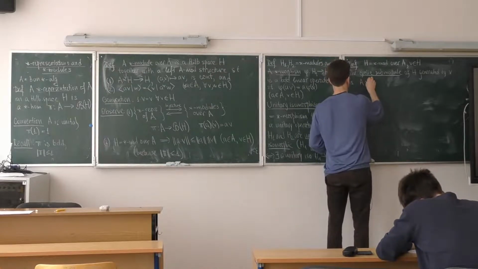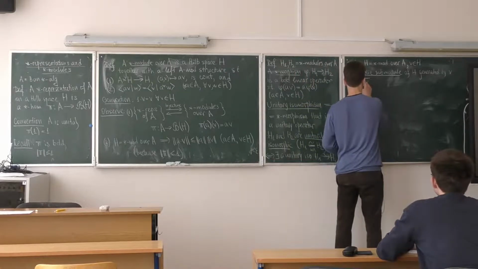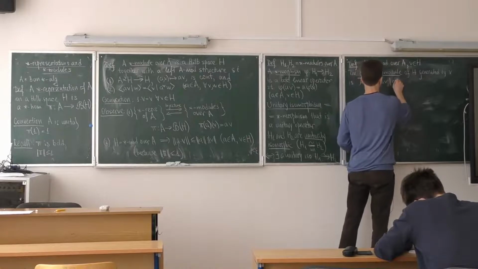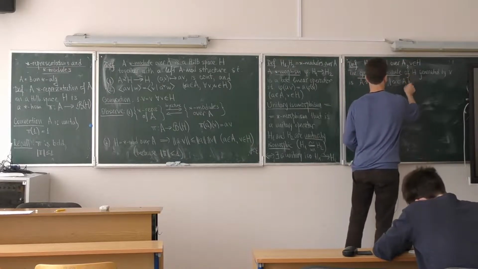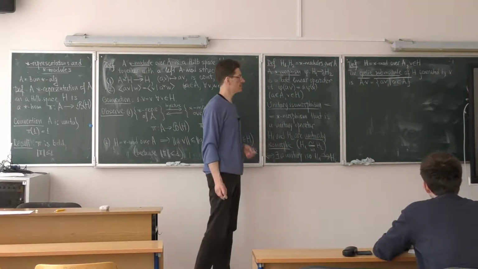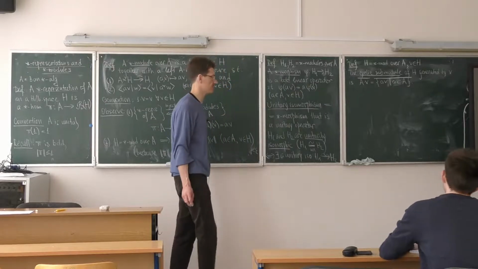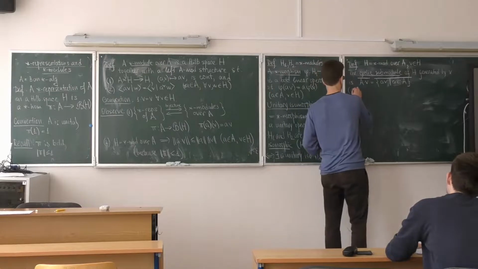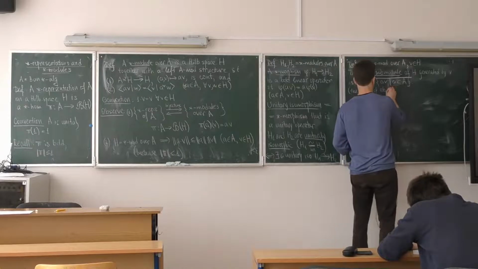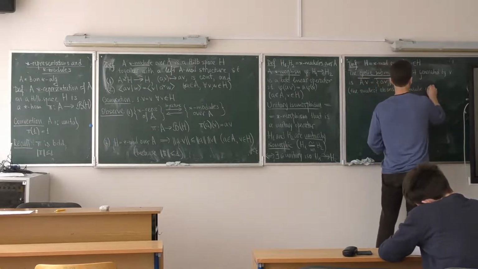We denote it by Av bar, and by definition this is just the closure of the set of all elements av where a runs over A. So clearly this is the smallest closed submodule of H containing v.